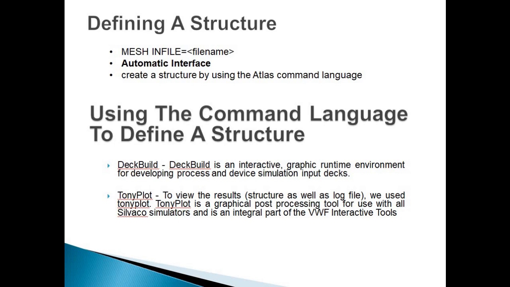The second way is to use the automatic interface in DeckBuild to transfer the input structure from Athena or DevEdit. The third way is to create a structure by using the Atlas command language. Using the command language to define a structure, you must know about DeckBuild and TonyPlot.